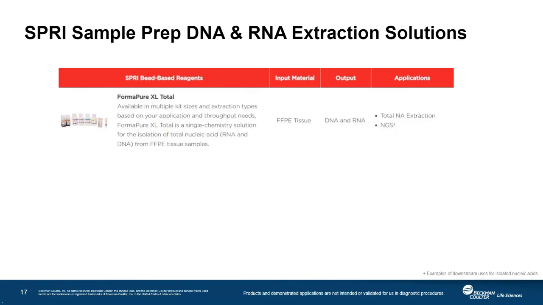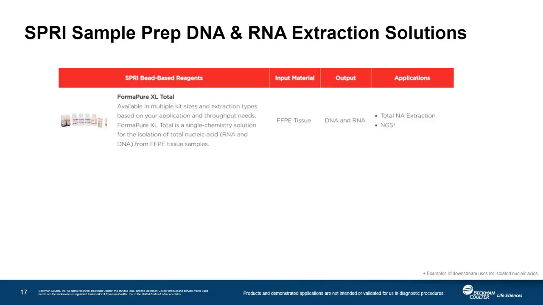One of our really unique kits, this is one of my favorite things, is if you have FFPE tissue and you need to do DNA and RNA, we have a Formapure XL Total Kit. The reason this is a great benefit is if you do need RNA and DNA, if you have FFPE tissue and you start your process for extraction, and then you need to split that sample into two to go down two separate pathways to get your RNA and then your DNA, you're essentially starting with half of your input.